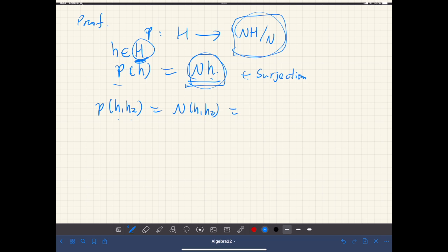And by the definition of multiplication between cosets, this is equal to Nh1 times Nh2, but this is equal to p(h1) times p(h2). Therefore, p is a homomorphism. And together, surjection and homomorphism, a surjective homomorphism, means p is an epimorphism.